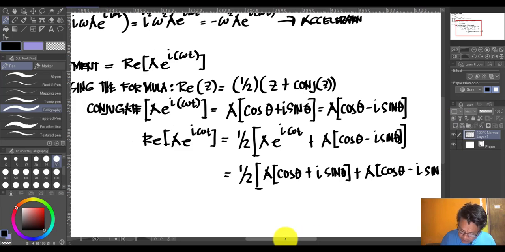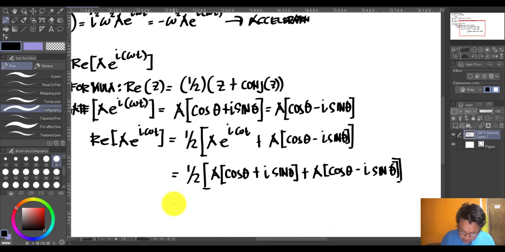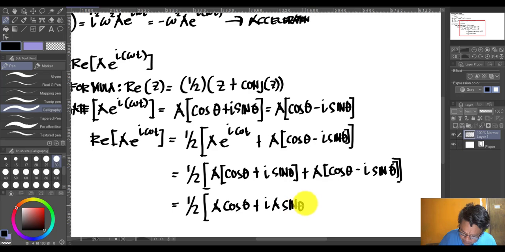So I can distribute or expand my equation here. I have 1/2, distributing: A cosine of theta plus i A, the amplitude, sine of theta, then plus A cosine of theta minus i A sine of theta.